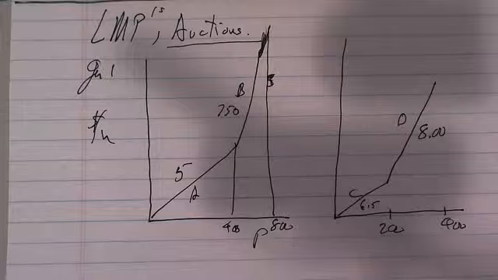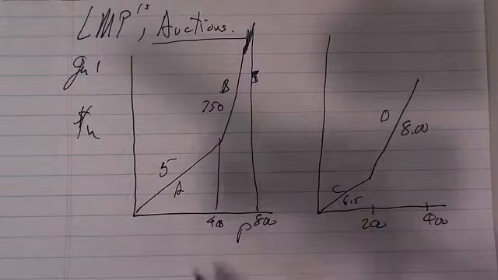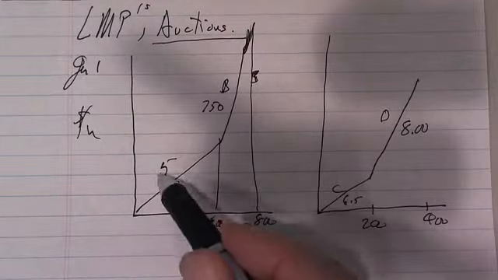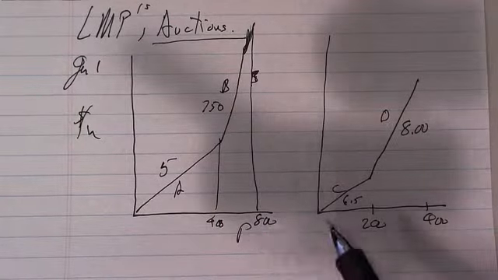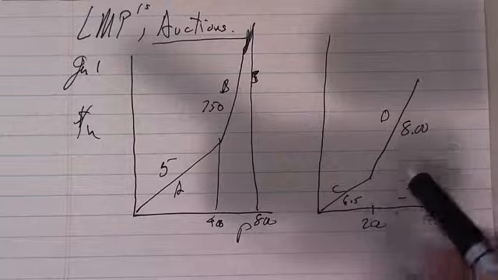Now, this is how we would do this problem if the problem were set up. So once again, I have 4 segments. A has a slope of 5. B has 750. C is 6.5, and D is 8.